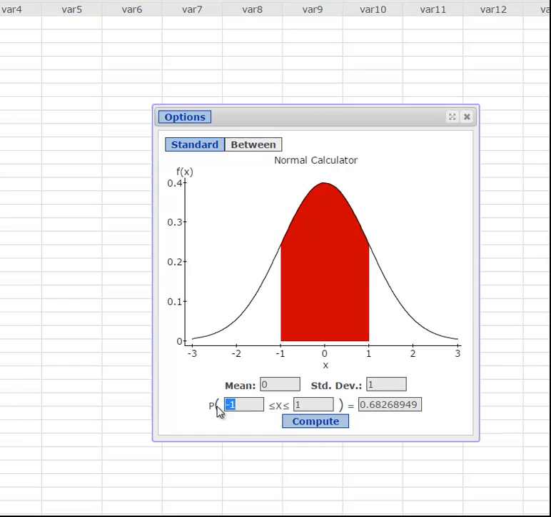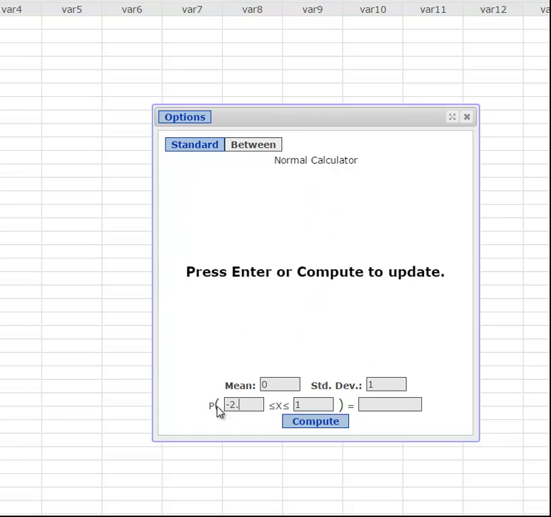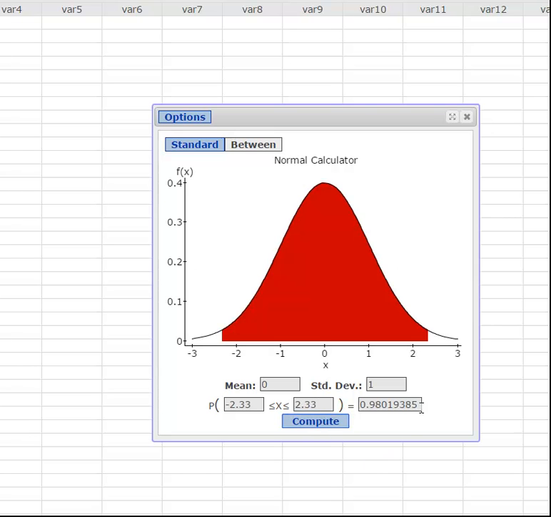So I'm going to override that to negative 2.33 and up to positive 2.33, and then click on Compute, and you'll see that it's shading the area that I'm looking for. This corresponding probability is 0.982. Sorry, 0.9802.